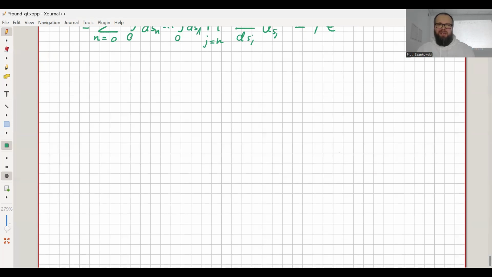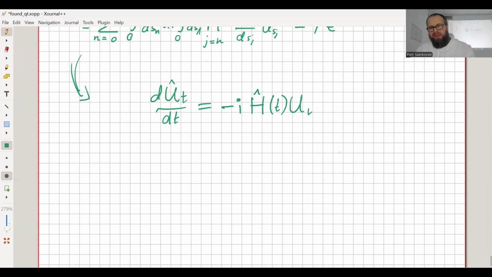So from this we get that the derivative of U_t with respect to t has to equal minus i times some H_t times U_t, where H is Hermitian.